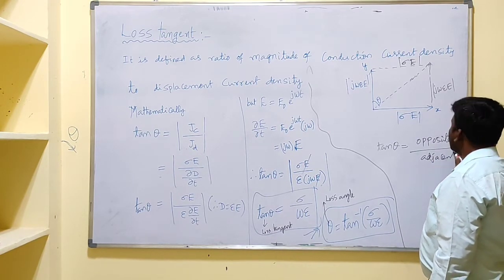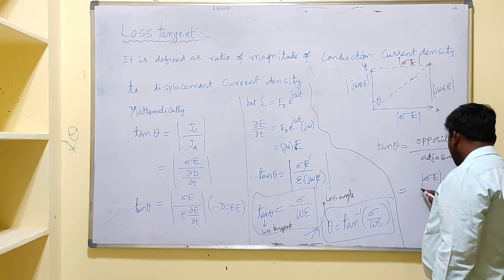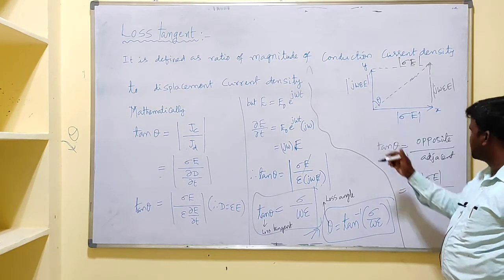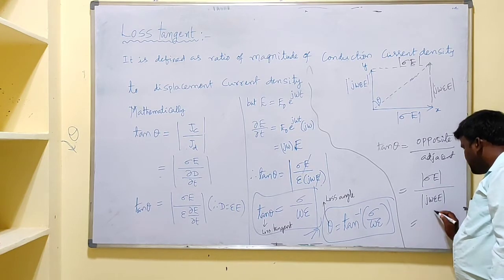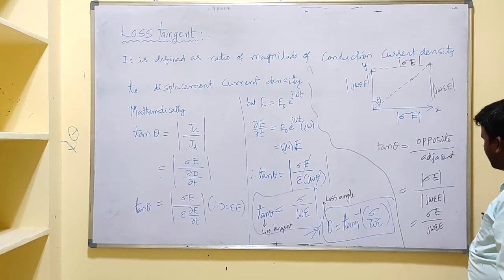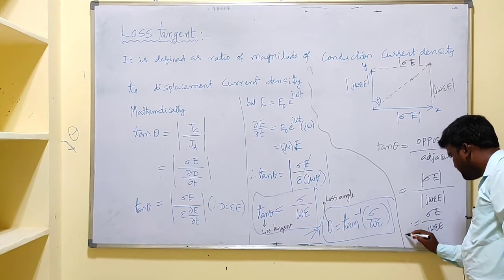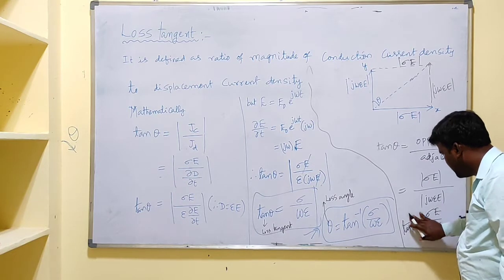Opposite is mod sigma E, and adjacent is mod j omega epsilon E. So that is sigma E by j omega epsilon E, which equals our tan theta.